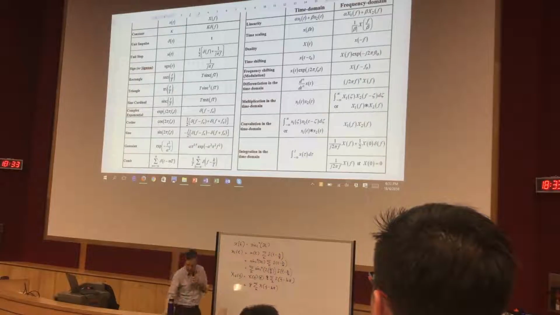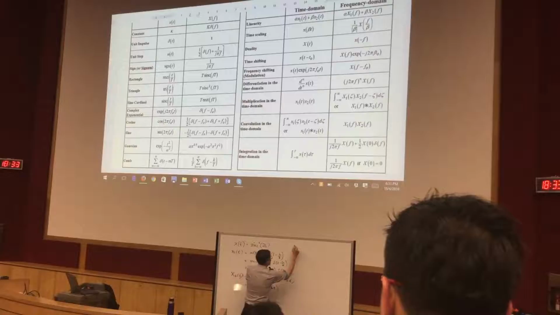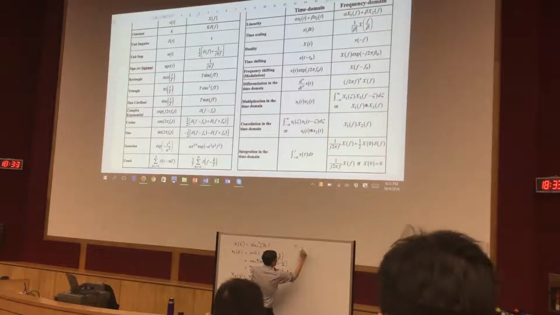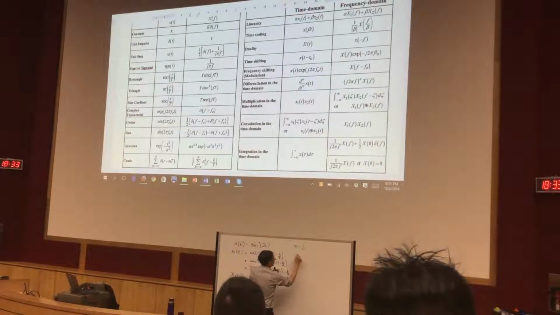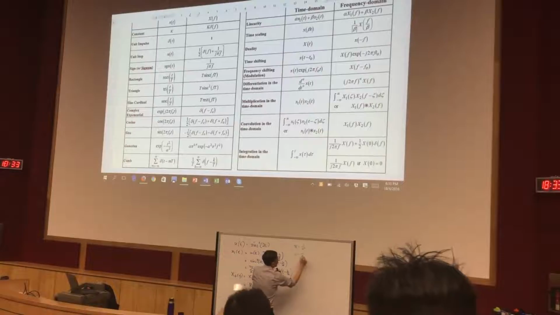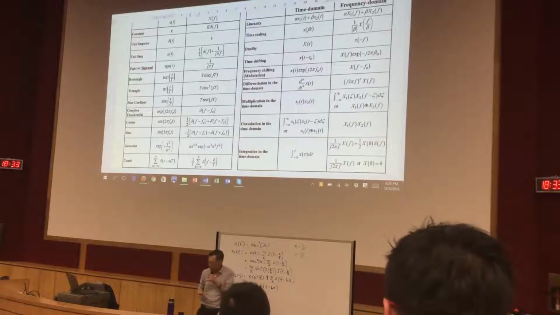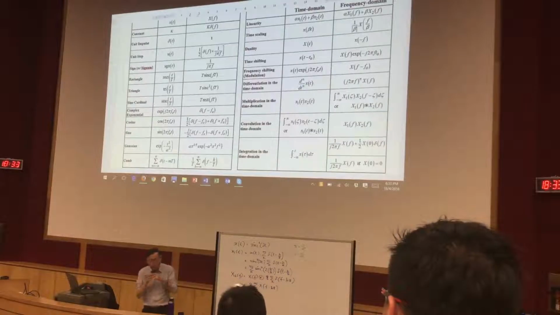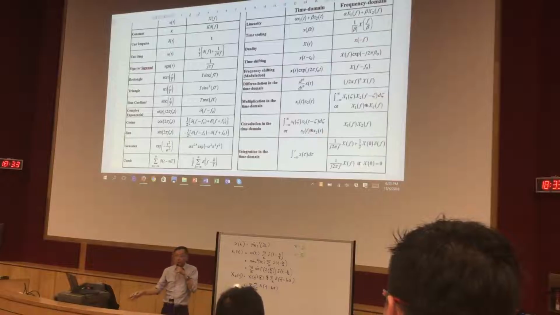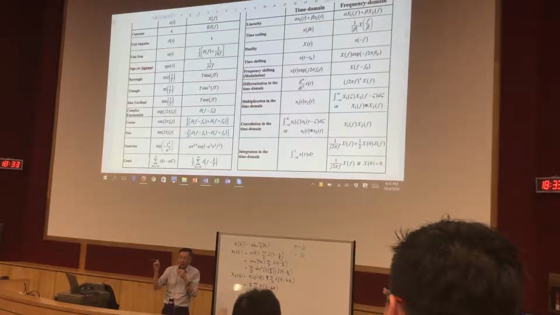If pi, correct? So the Fourier transform is given already to you. So if you're given the Fourier transform, that means you know X(f), capital X(f).